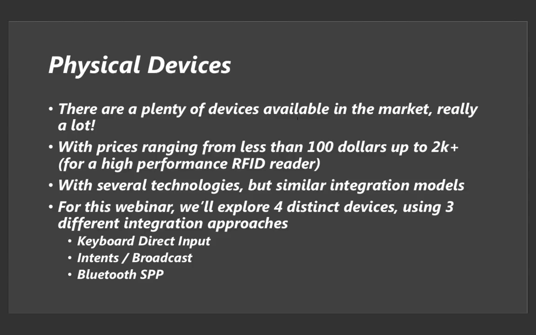Of course, they have several technologies but similar integration models, and this is what we are looking for. For this webinar, we are going to explore 4 distinct devices used by customers that we helped with the integration, using three different integration approaches: the keyboard direct input, intents and broadcast, and the Bluetooth SPP.